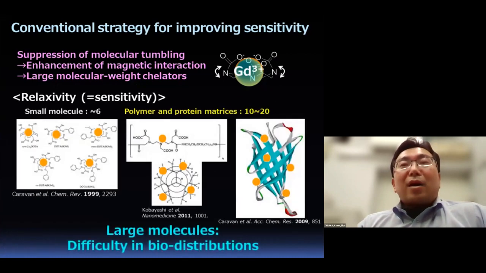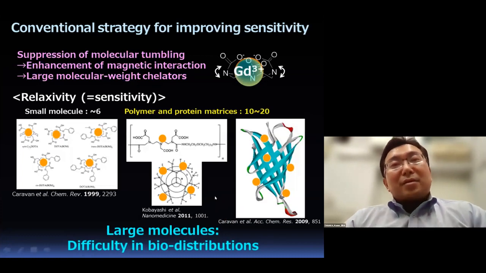And in our laboratory, we previously developed polymeric type materials, and there are other examples reported by other research groups. In our lab previously, we obtained a similar effect with higher sensitivity.